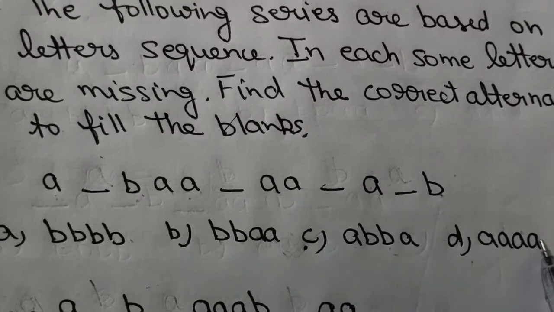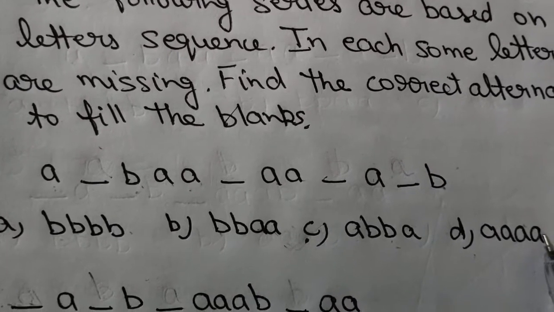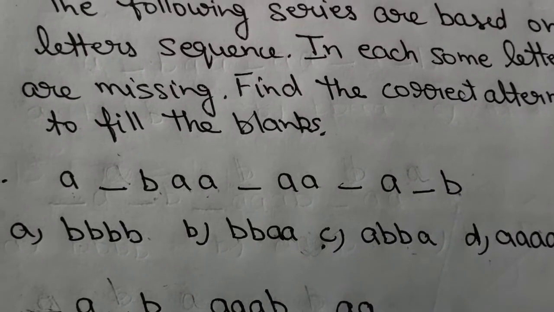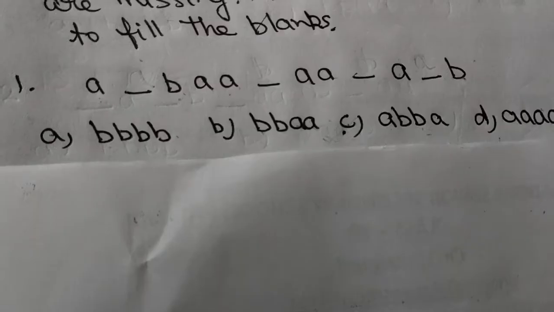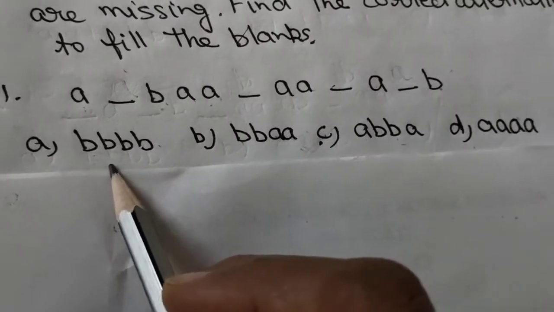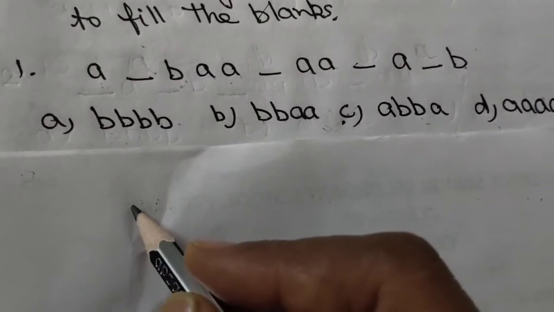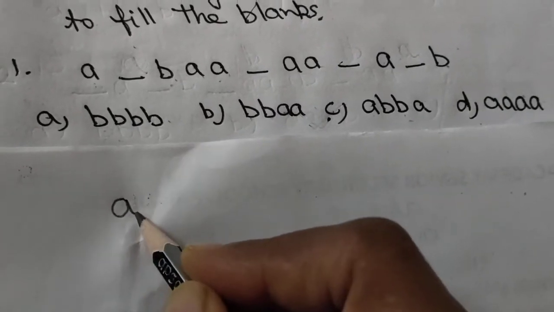Now, how do you come to know which option is correct? Better, you will do this by rough work. One by one, you will fill all the 4 options in the blanks. See, I am doing one for you. A is given.